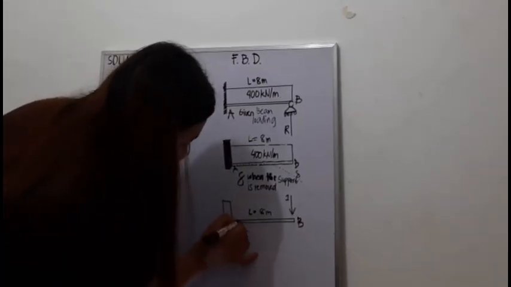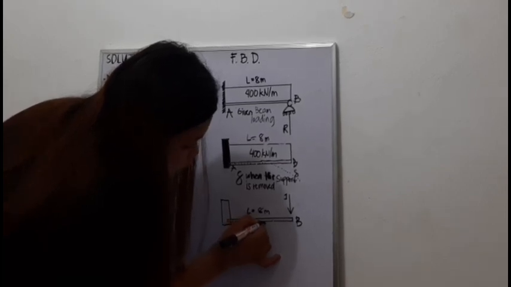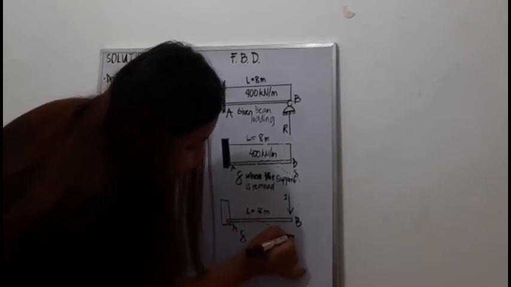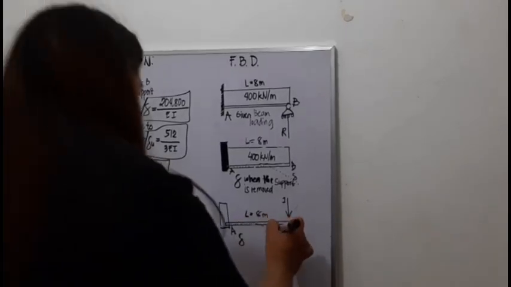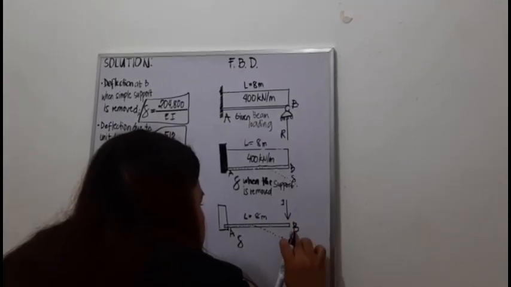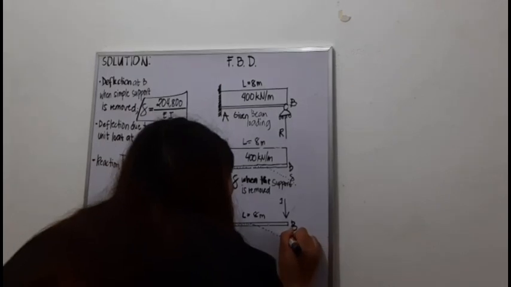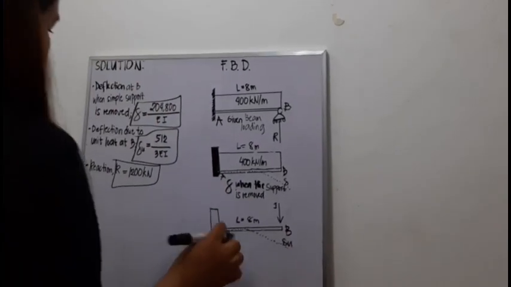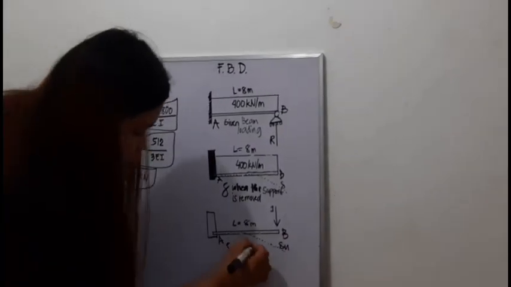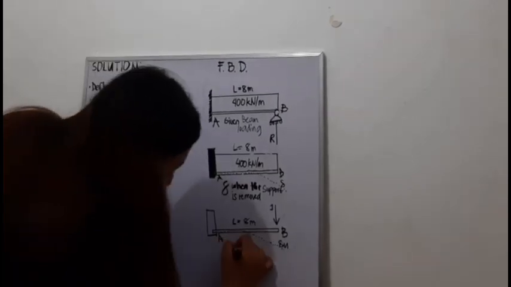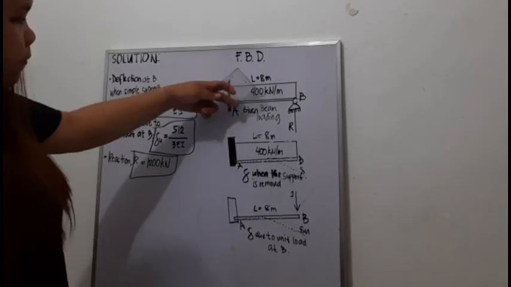So it will bend. Here will be the delta U, or the deflection due to the unit load at B.